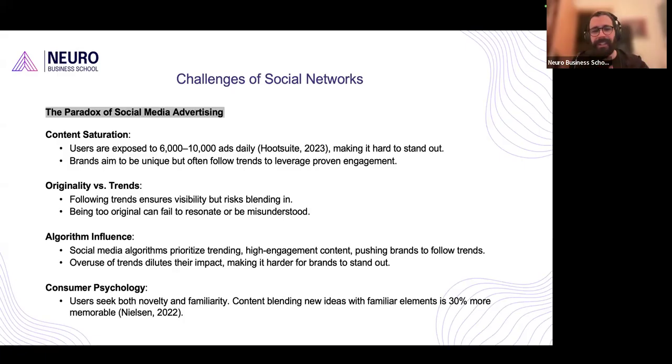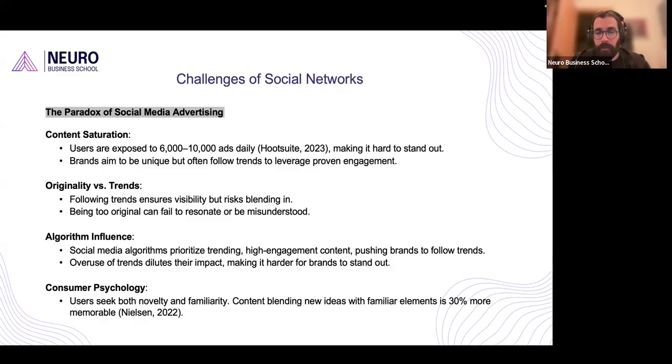So that's the problem with social media. We want to be new, we want to be something exciting, but at the same time we are copying other people. So that's a problem. The problem is exactly the second point: originality versus trends.